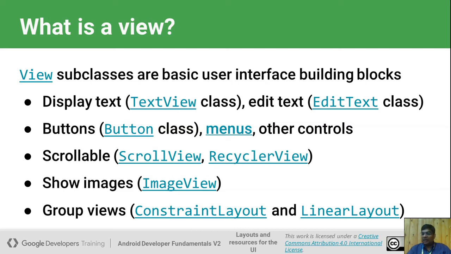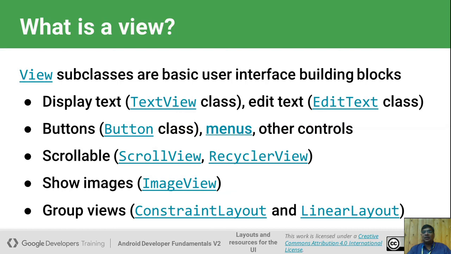Next is view groups. A view group is a view that handles many view classes, like TextView, EditText, button, menu, RecyclerView, ImageView, ImageButton, checkbox, and radio buttons.